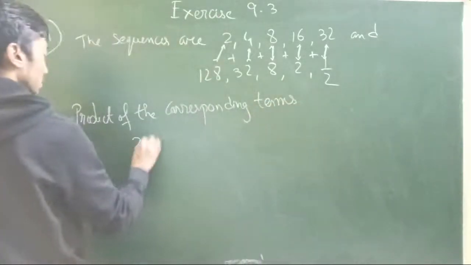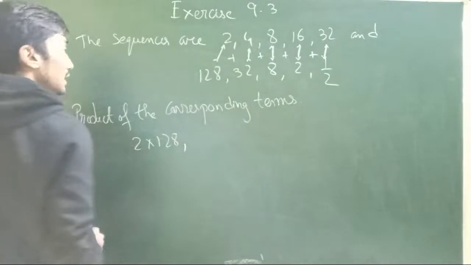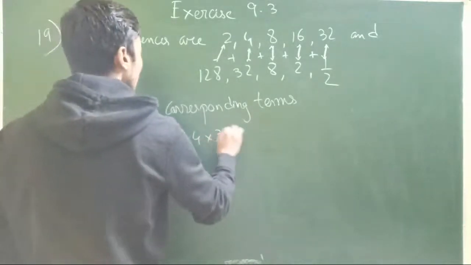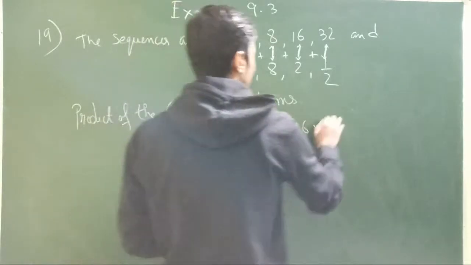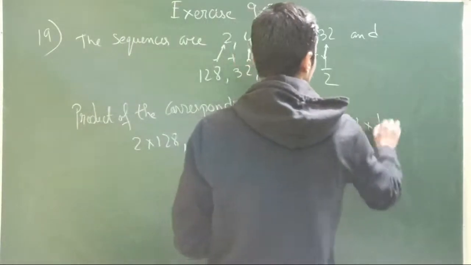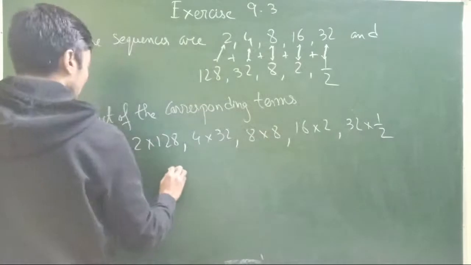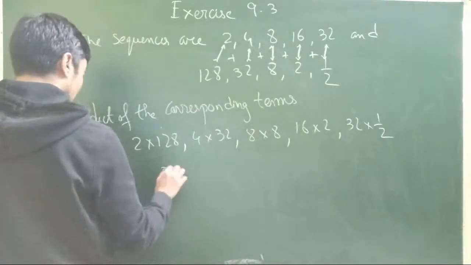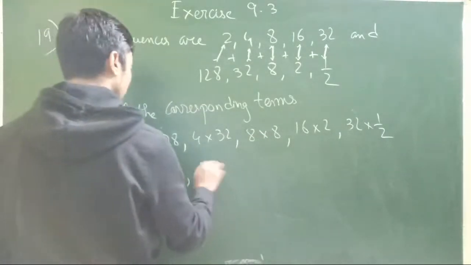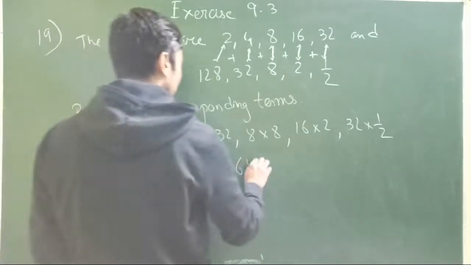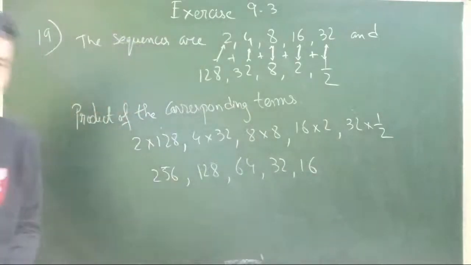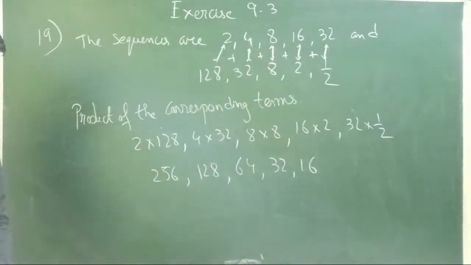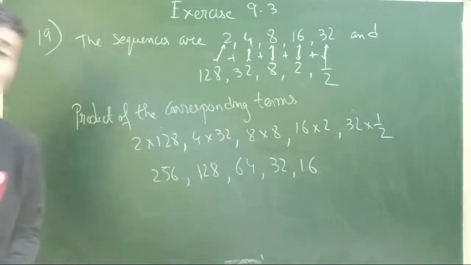So that's going to be 2 into 128, 4 into 32, 8 into 8, 16 into 2, 32 into 1 by 2. So that's going to be 256, 128, 64, 32, 16. So this is the resulting sequence that we have when we multiply the corresponding terms of the two sequences.